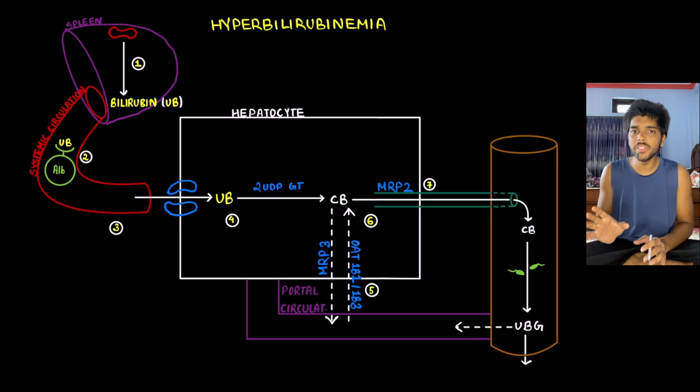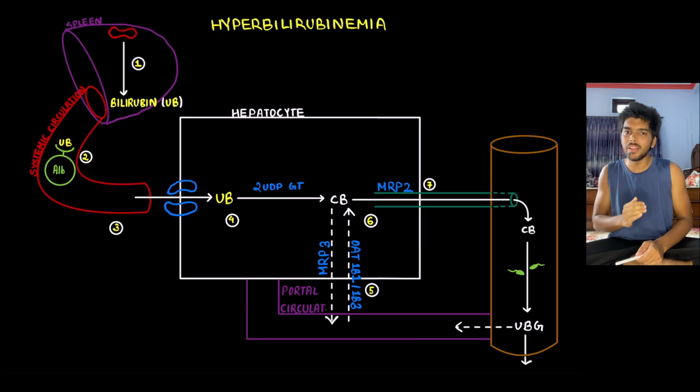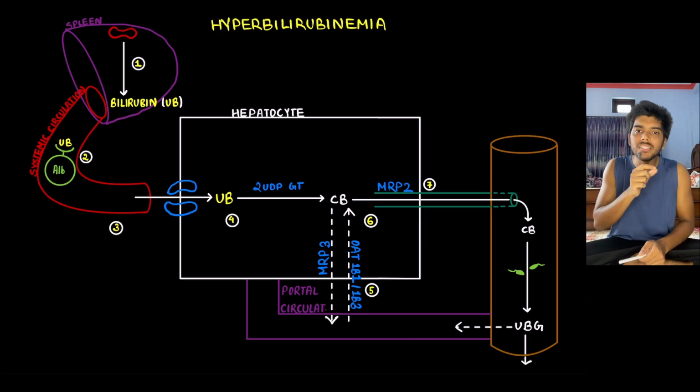So a short revision of the story of metabolism of bilirubin, but this time it will be stepwise, so that at these individual steps you can learn the pathological defects that lead to an increase in the level of bilirubin in blood.